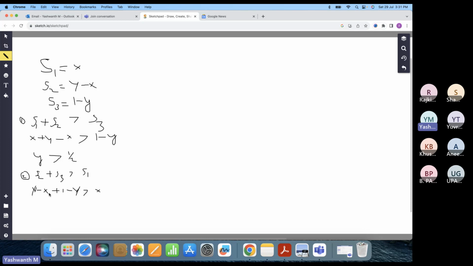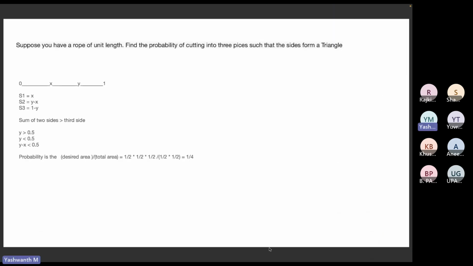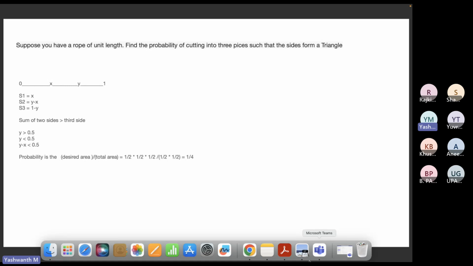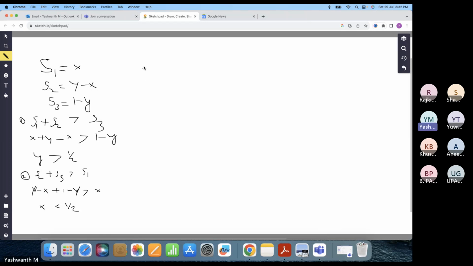This can cancel out and x needs to be less than half. Likewise, you get the third constraint as well. What is the third constraint? y minus x less than 0.5. So this is the second and third constraint. I'm directly writing y minus x to be less than 0.5.